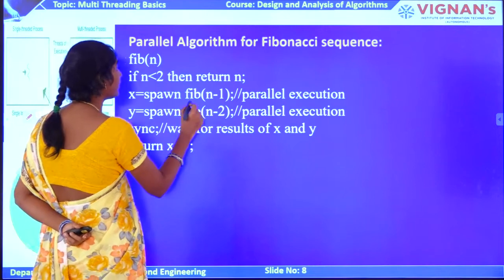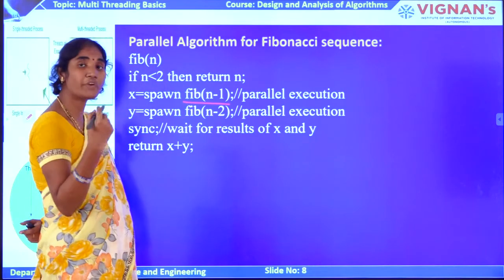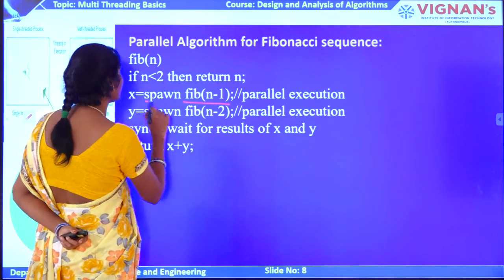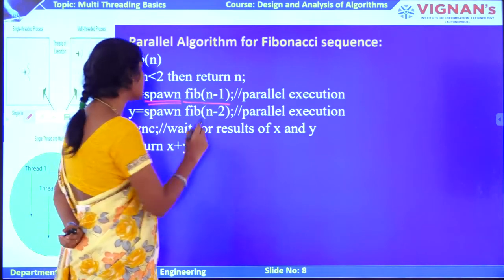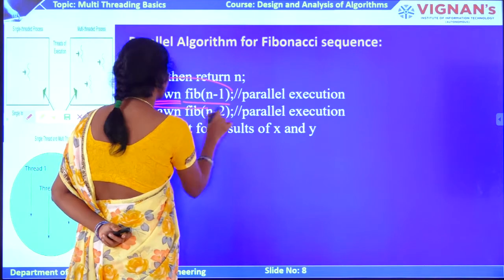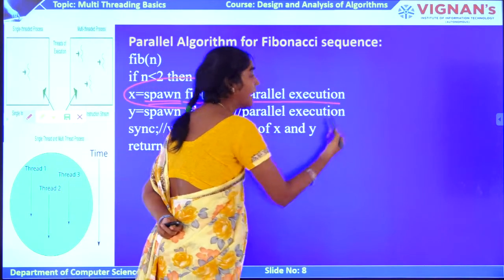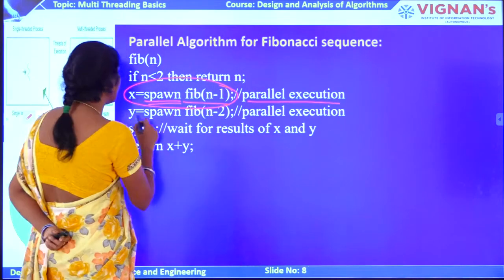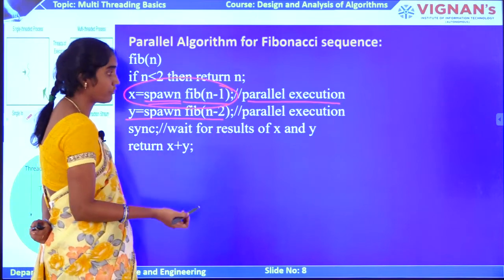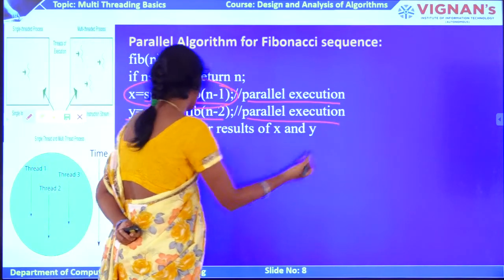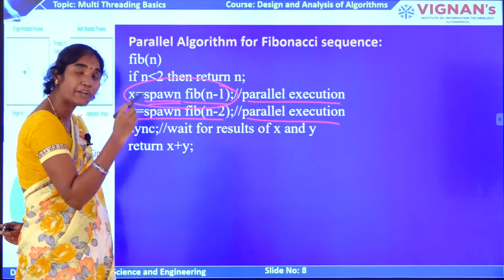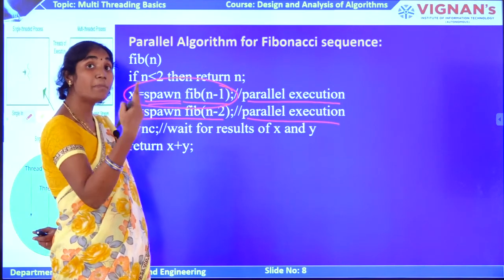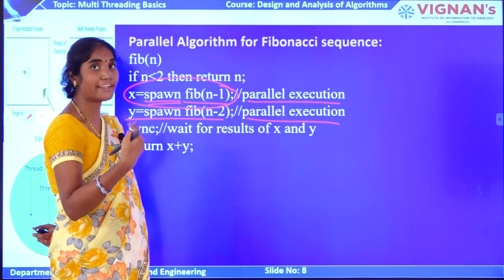To find fib of n minus 1, I am making it spawn, which means this particular statement will be executed in parallel. Even y is equal to spawn of fib of n minus 2 is also parallel execution. Now after finding x and y, x and y are executing in parallel.